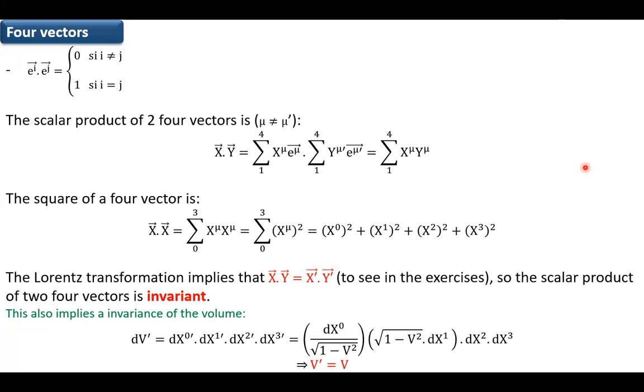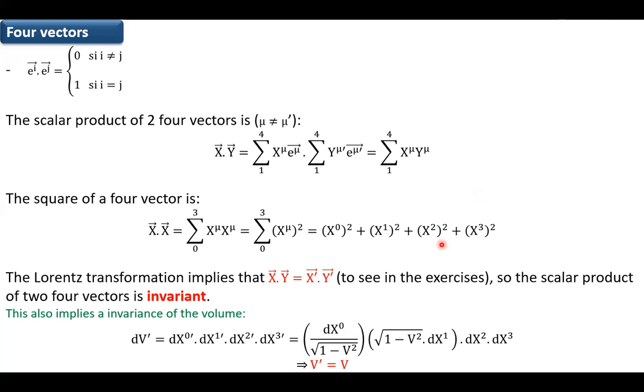Which leads us to the square of a 4-vector. If you take the same vector x and you multiply it by x, x times x is the sum from 0 to 3 of x mu, x mu. So it's the sum of x mu squared. So it's x0 squared plus x1 squared plus x2 squared plus x3 squared.